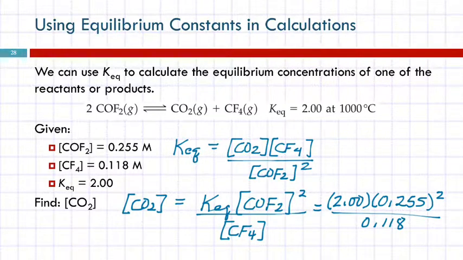So 2 times 0.255 squared divided by 0.118 equals. So the CO2 concentration equals, everything has 3 sig figs, so I'm going to write this with 3, 1.10, and then we bring the unit back, capital M.